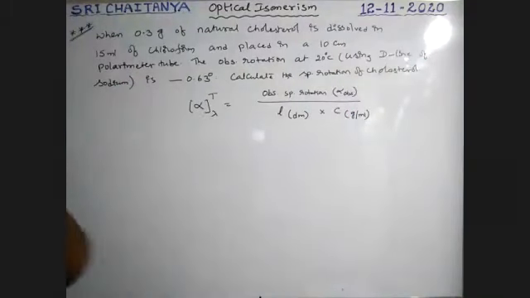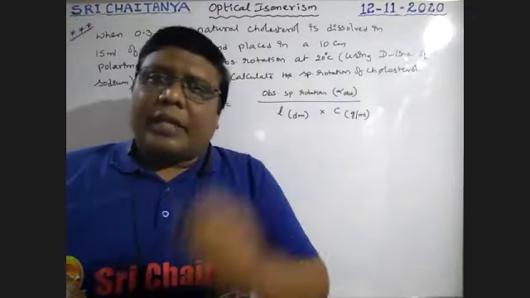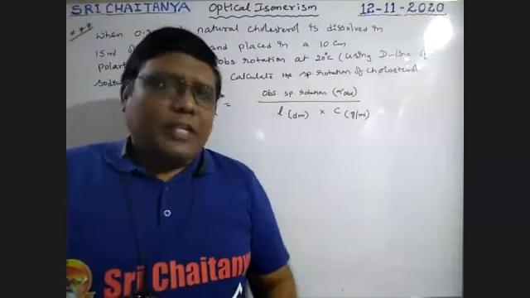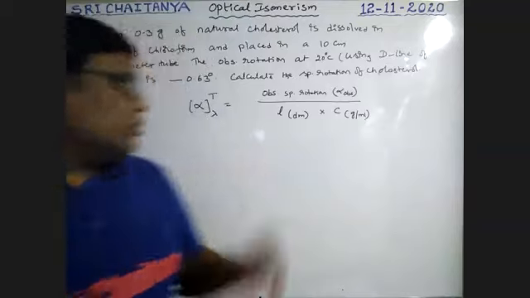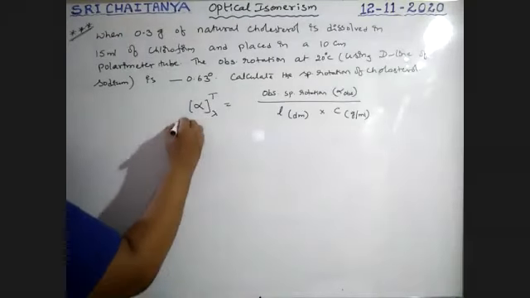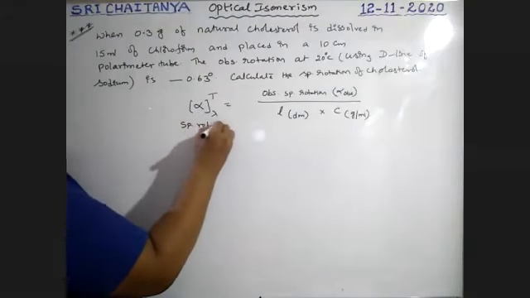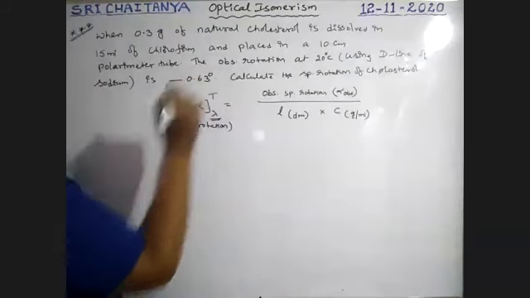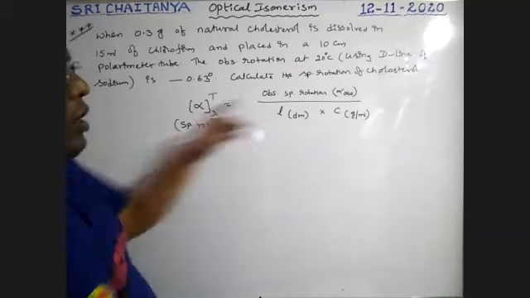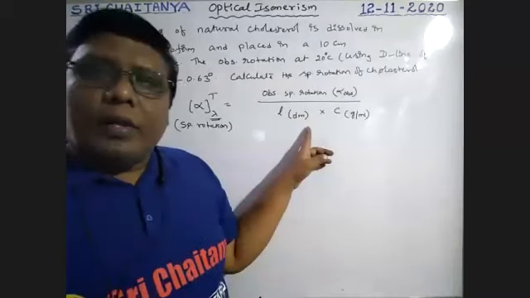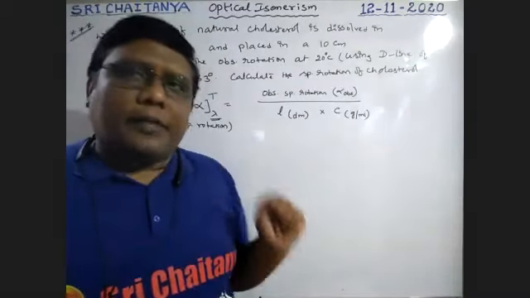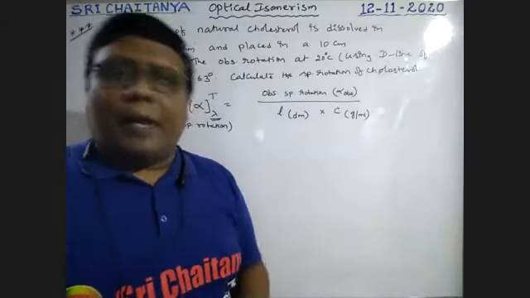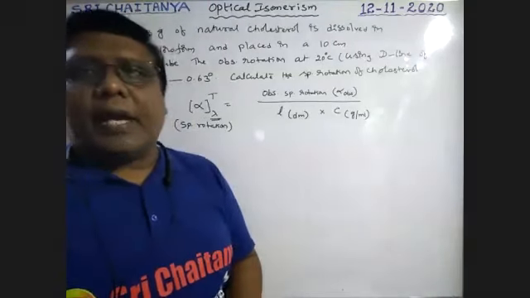Please check your previous notes. So the specific rotation at a particular lambda and temperature is the observed rotation by the length of the polarimeter tube in decimeter and the concentration in gram per ml.